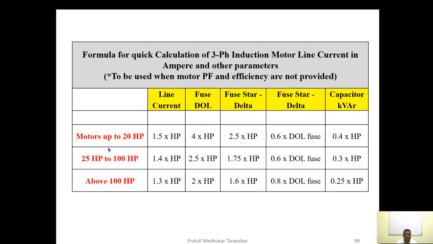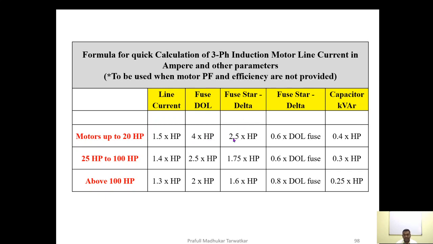Now, if the induction motors are having a rating up to 20 HP and being supplied by a simple DOL starter, then the line current is 1.5 times the HP. For DOL fuse, 4 times HP.